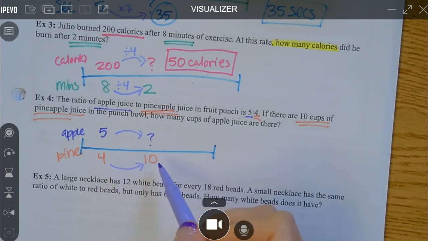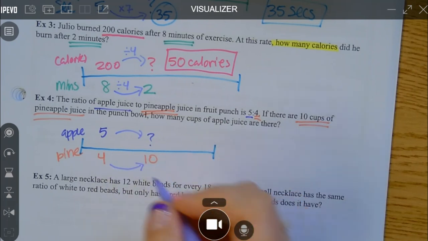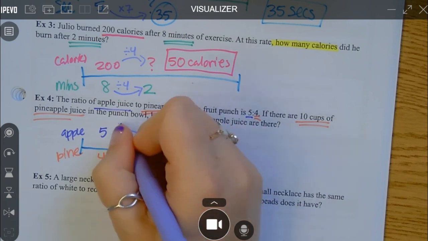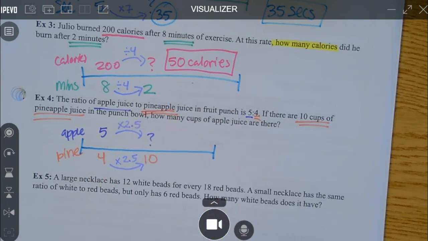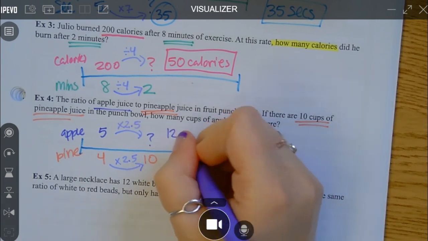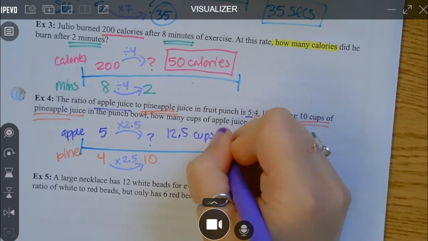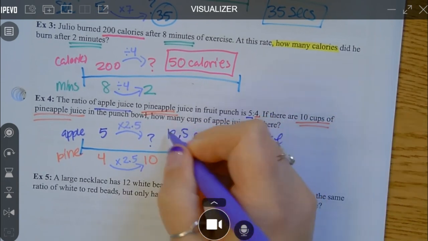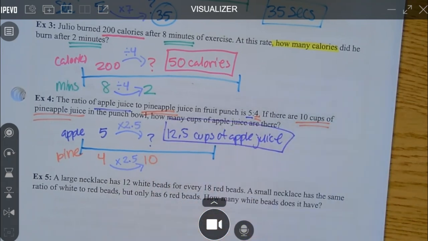And what did you do to the 4 to get to the 10? Plug that in. And actually, I mean, it doesn't look like it's nice, but it actually is pretty nice. It's times 2.5. So I can multiply 5 times 2.5, and I get 12.5 cups of apple juice. Perfect.